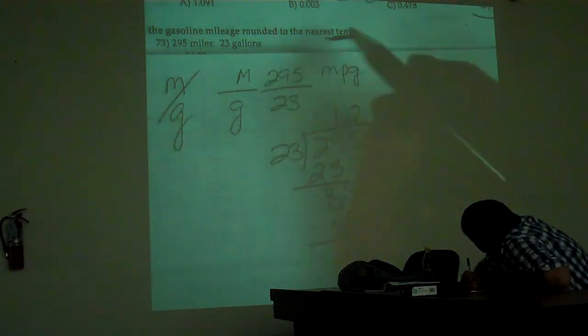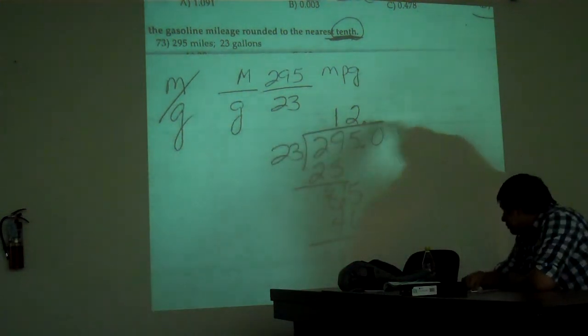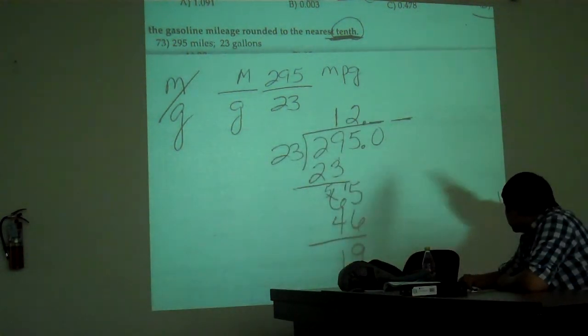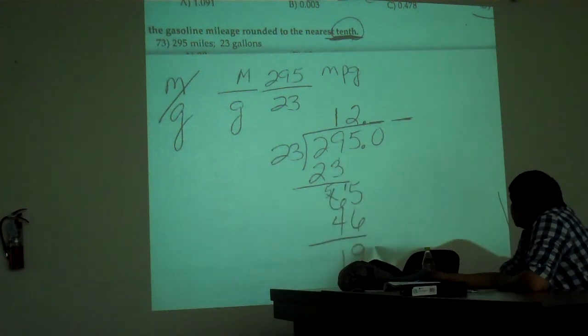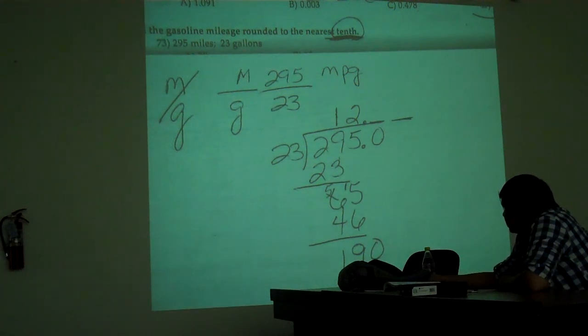Point, what are we rounding to? The tenth. So that means we need to do 2 more places. Okay, bring our 0 down. 23 into 190. If it was 25, we go 4 times per 100, 8 times for 200, so it'll be under 8 probably.